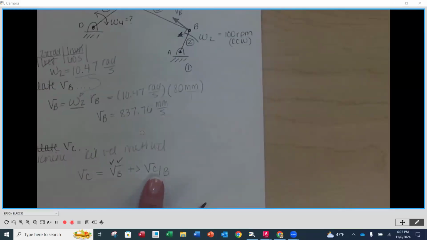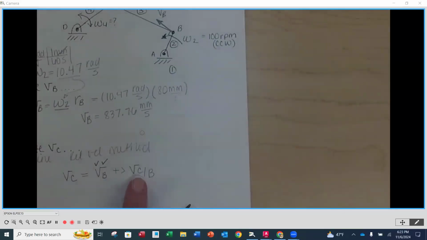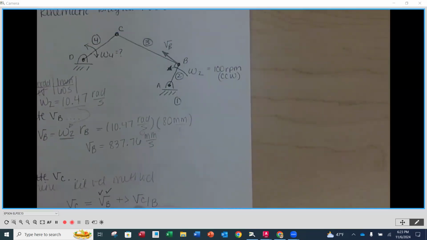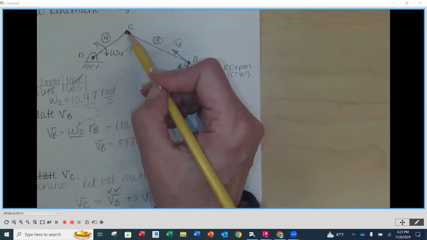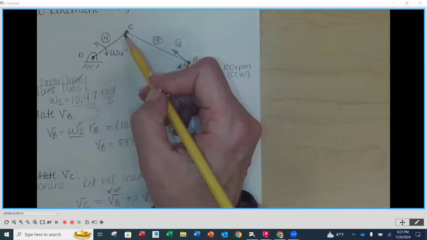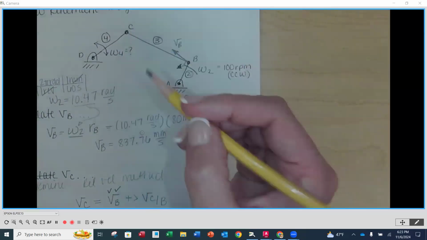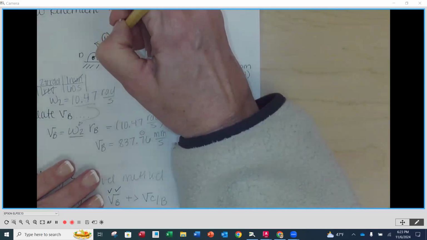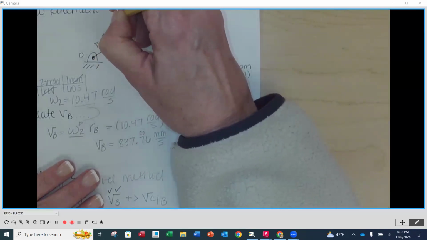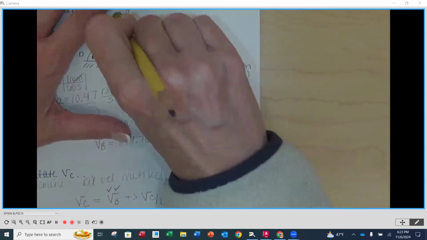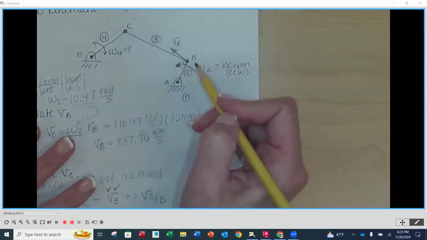Let's look at VC relative to B. That's the next one after B. So the velocity of C relative to B is going to be the velocity of this link right here, okay? And it is going to be perpendicular to the line. This is C to B, sorry.